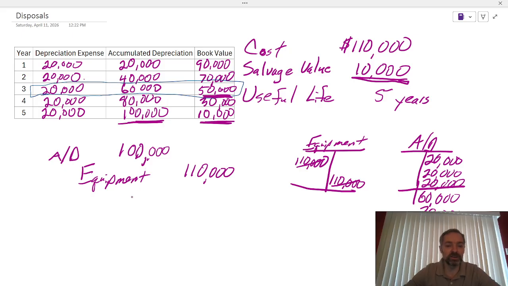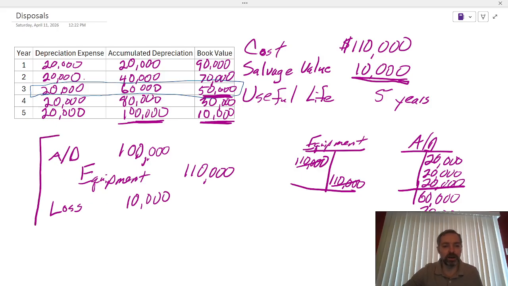And we have $10,000 left over. We need to debit $10,000 to make this journal entry balance. That would be a loss. So we threw it away. It still supposedly had $10,000 value, and we just threw it in the garbage. So we lost $10,000 worth of value by putting it in the garbage can.